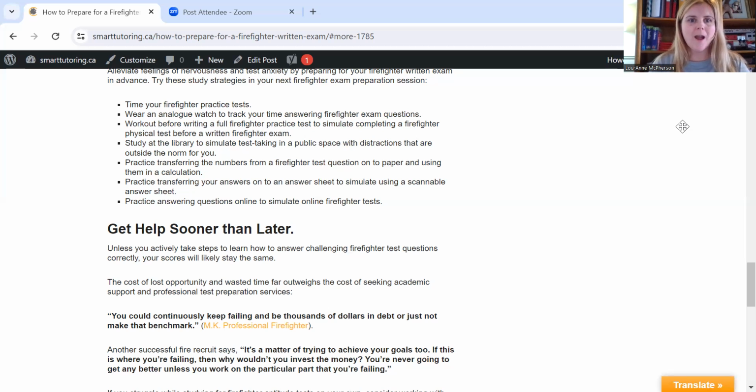Next up, we have practice transferring the numbers from a firefighter test question onto paper and using them in a calculation. So I see this a lot and I've talked about it in previous videos. A common error we make in the math section is that we can read a number in the word problem without an issue, but we transfer it onto paper wrong.